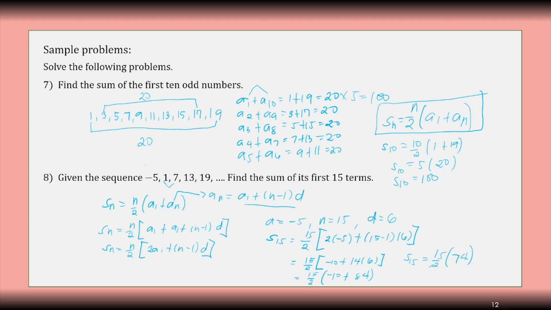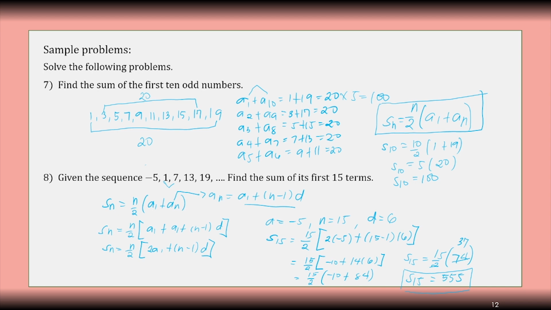Then ito, pwede natin siya in lowest term. So, 2 at 74, 74 is 37. 37 times 15, ang sagot natin dyan is 555. That will be the sum of the first 15 terms of the given sequence. Sana naintindihan natin.